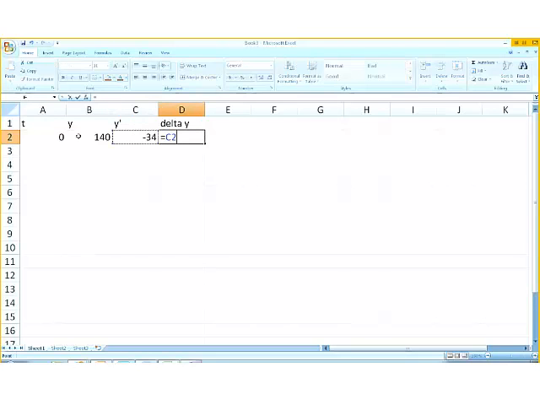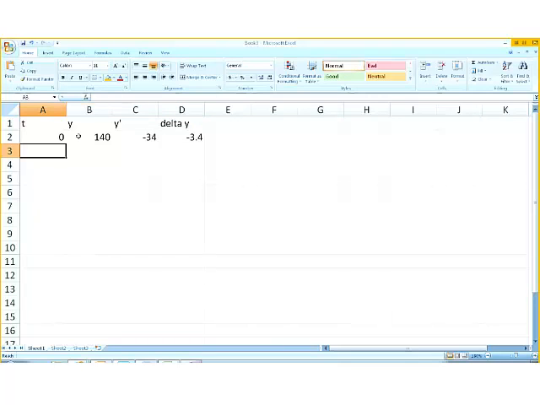And then delta y is equal to y prime. So I go over here and highlight the y prime value at t equals 0, and I multiply by delta t, which is 0.1. So I get negative 3.4. Now the time we increment: take the original time plus 0.1.